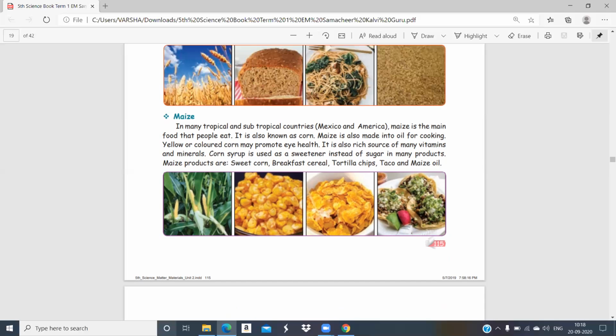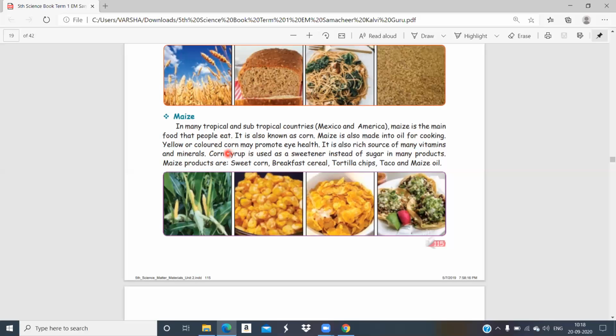The people of Mexico and America eat many maize products, and maize is also known as corn. Maize is also made into oil for cooking. Many people add color for health, and it is rich in vitamins and minerals.